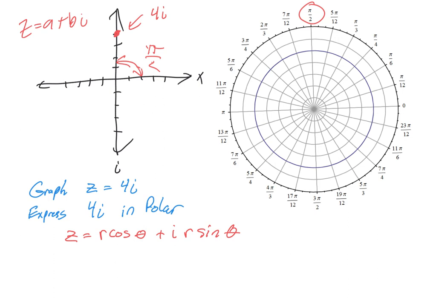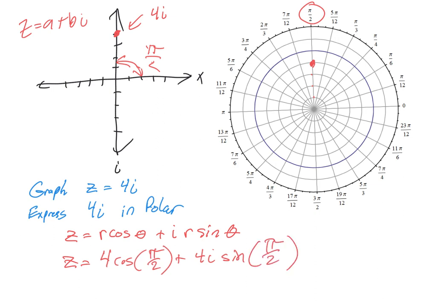So then, instead of r cosine theta, I'm going to have z equals, what's my radius? How far away am I from the origin? I am 1, 2, 3, 4 up. So I am 4 cosine of pi halves plus 4i sine of pi halves.